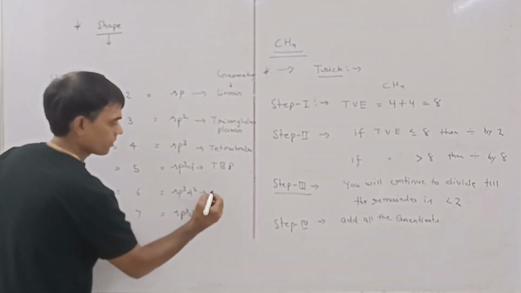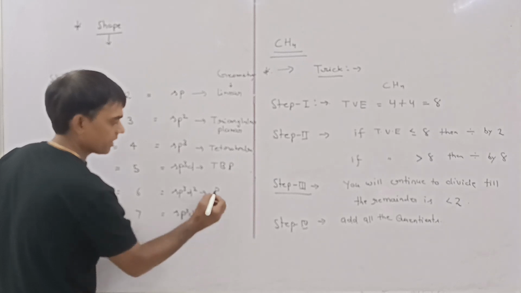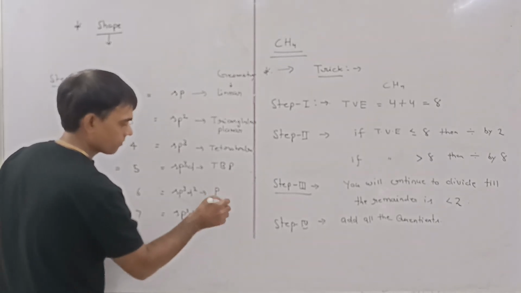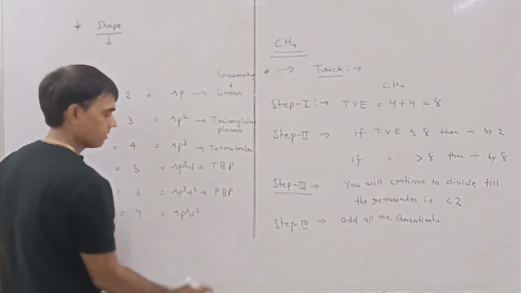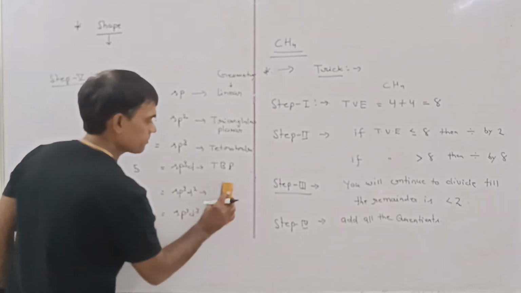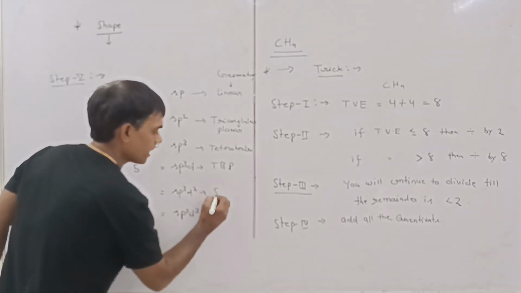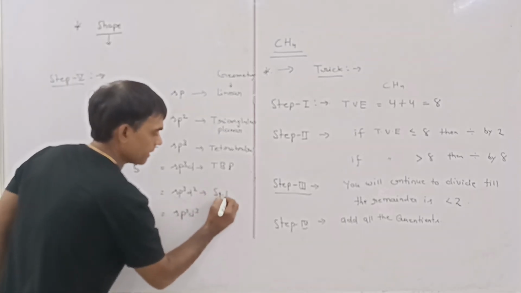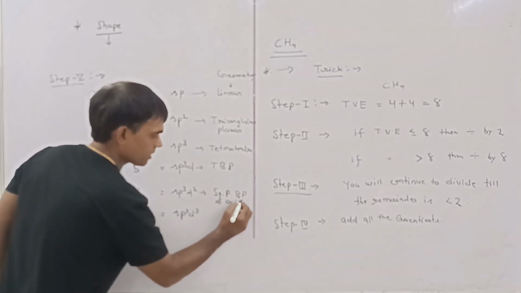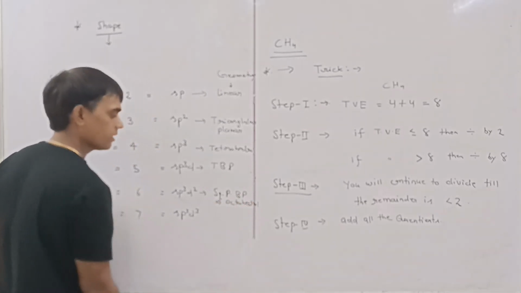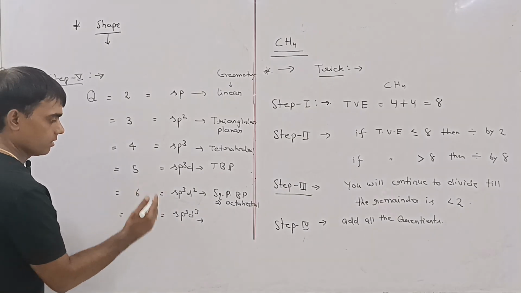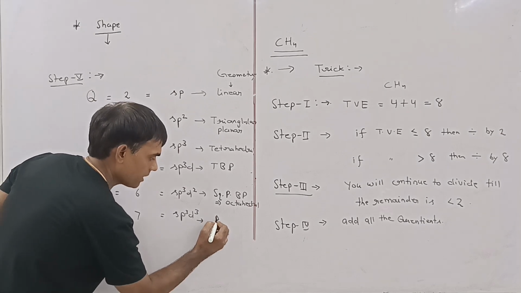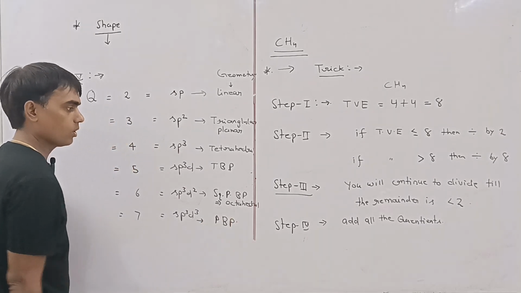Now for sp3d2, it is square planar bipyramidal, also known as octahedral geometry. In the case of sp3d3, the geometry is pentagonal bipyramidal, PBP.